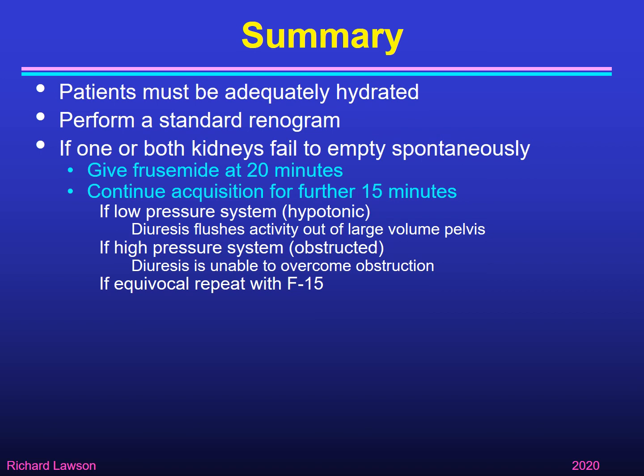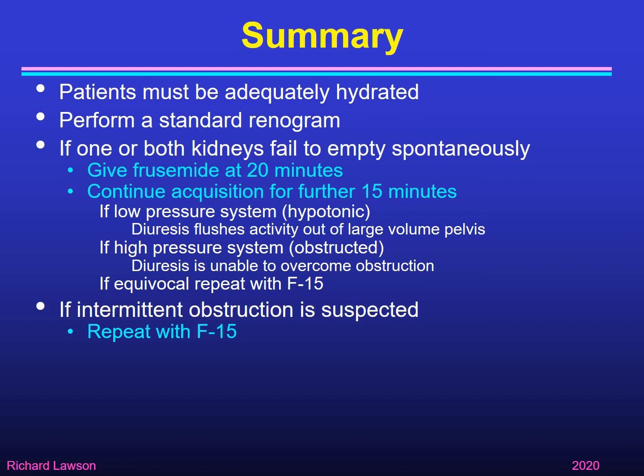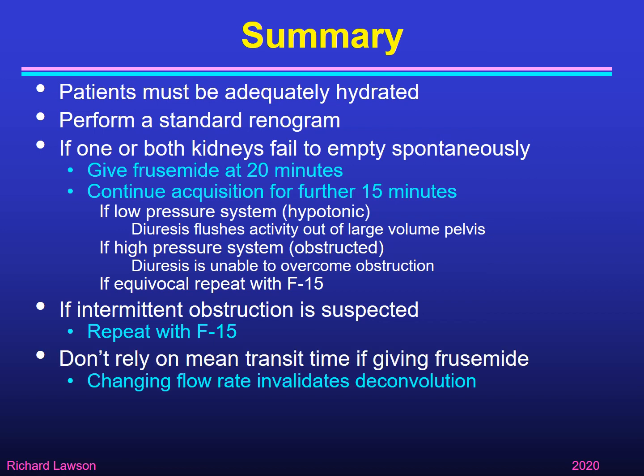If it's a high pressure obstructed system, then the diuresis will be unable to overcome the obstruction, and if you get an equivocal result, it's helpful to repeat with furosemide 15 minutes before the start. If you suspect an intermittent obstruction, then repeating with F-50 may show whether it only obstructs at high flow rates.